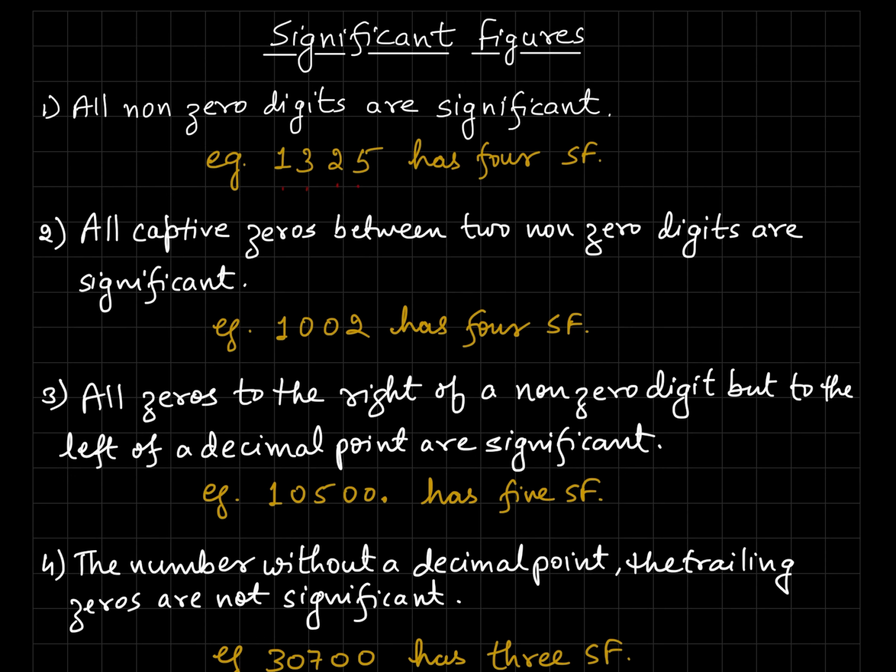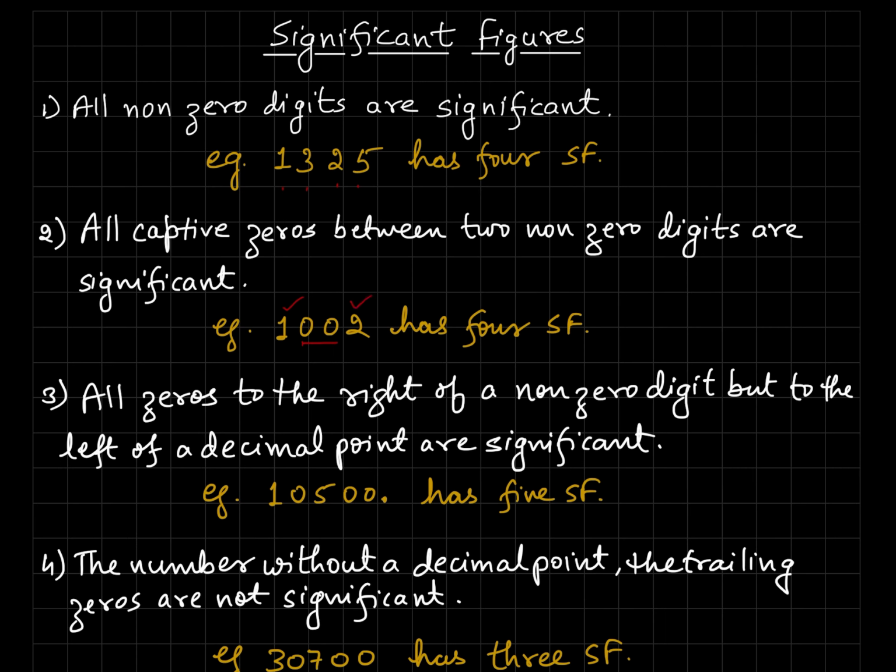Then the second rule is all captive zeros, which are sandwiched between two non-zero digits, are significant. As we can see here in the example 1002, these two zeros are captive zeros. They are between two non-zero digits, 1 and 2.